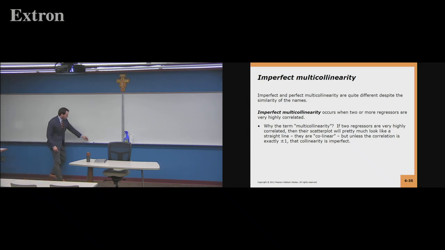If you imagine a scatter plot of one of the variables from before, like total sales for a firm and sales tax, they're going to move together in a 1-to-1 relationship. For imperfect multicollinearity, we're not going to see them move perfectly like that, but we'll see a pretty tight scatter plot, and it'll be moving clearly in one direction.